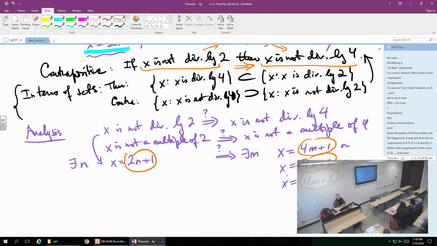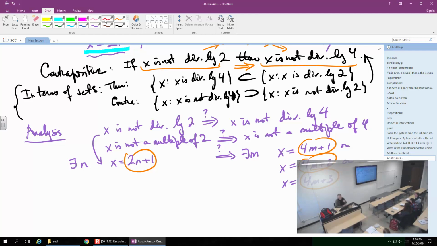In fact, how many of these 3 have to be satisfied? All 3? No. If one of the 3 is satisfied, we're okay. As a matter of fact, look at the middle option. What can you say about it? x is 2n plus 1 on one hand.